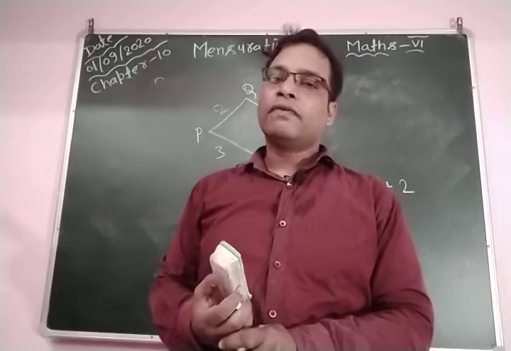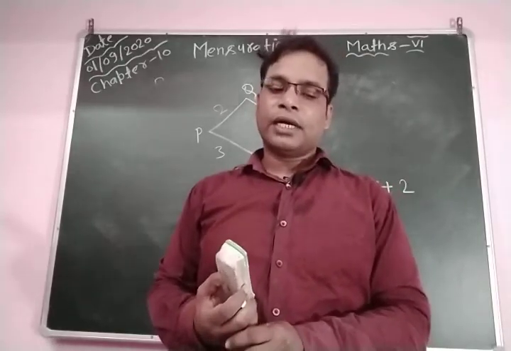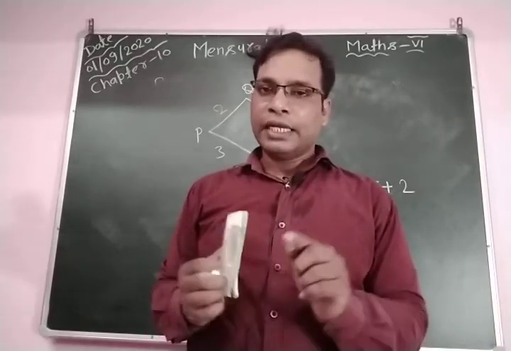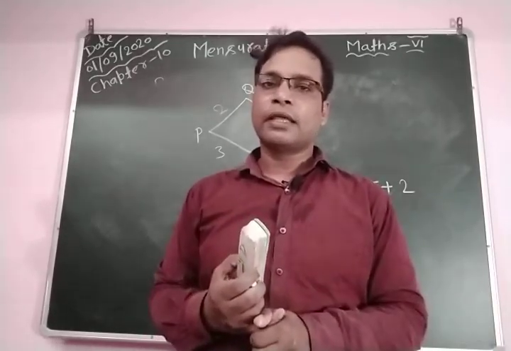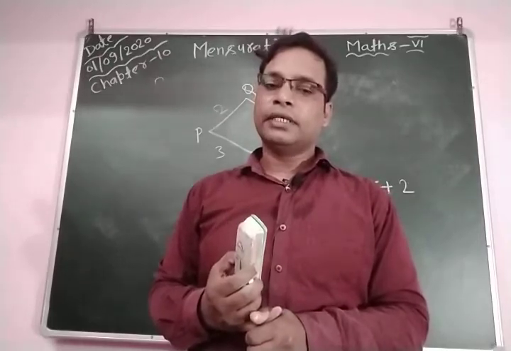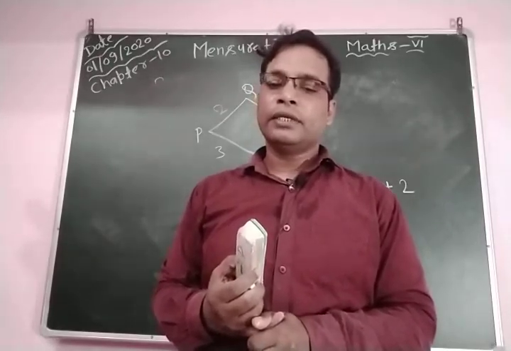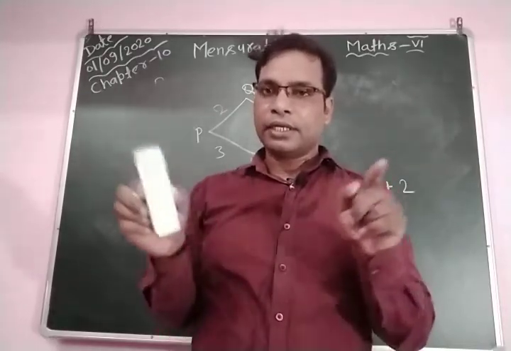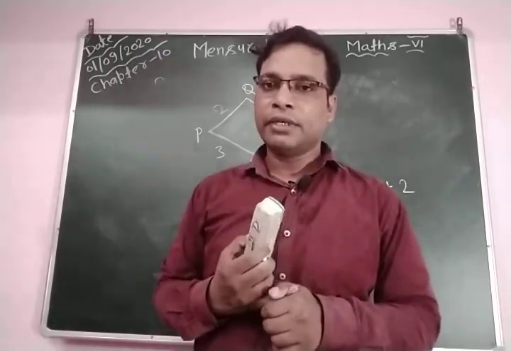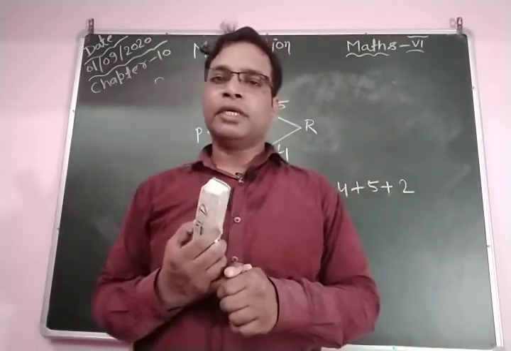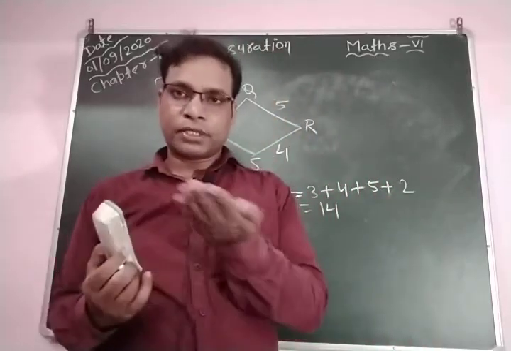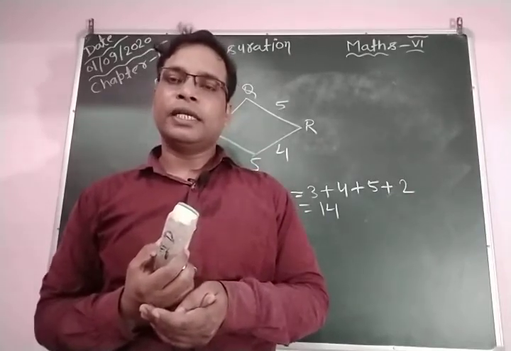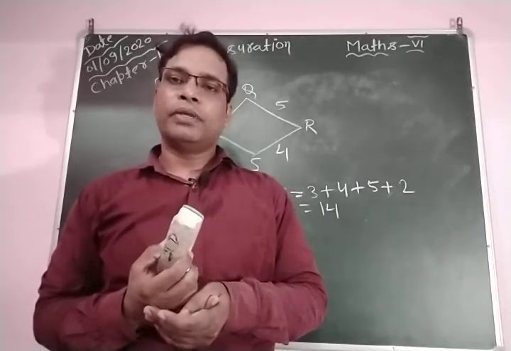How can we find it? First we find the perimeter of the rectangular box. Length is given as 40 centimeter and breadth as 10 centimeter. The rectangular box is the shape of a rectangle, so we use the formula to find the perimeter of the upper surface: 2 into length plus breadth.